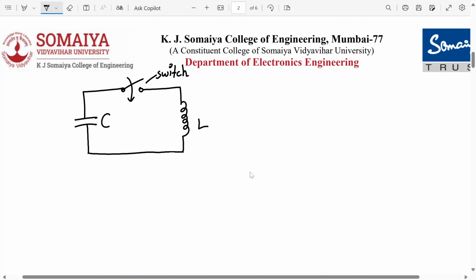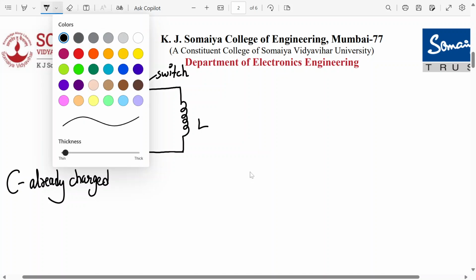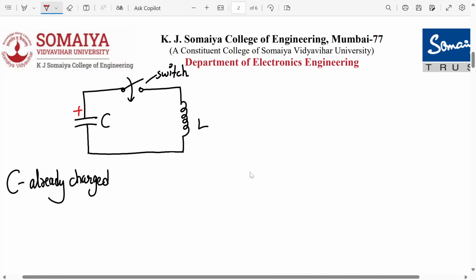So here the capacitor is pre-charged. Capacitor is already in a charged state, like a battery, right? A battery is already charged. So a capacitor always has a polarity across it. Let's say it has a positive polarity over here, so it is carrying some voltage. Capacitor is charged from a DC source separately.